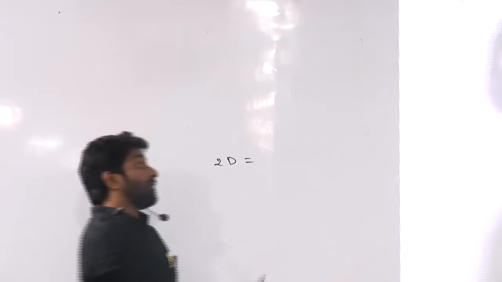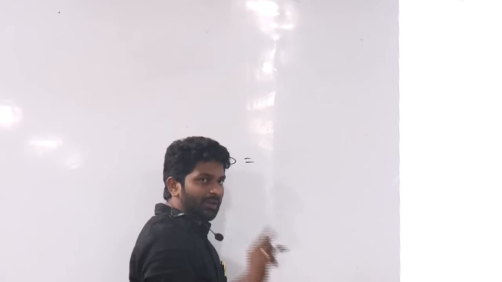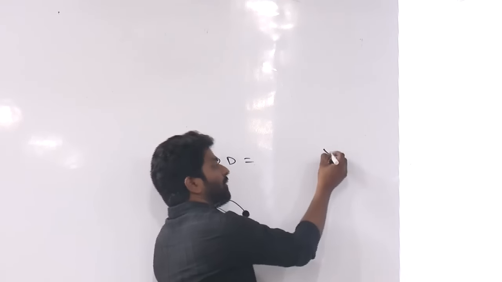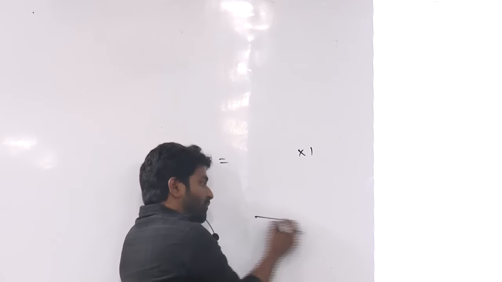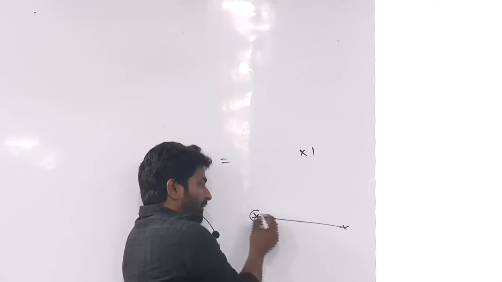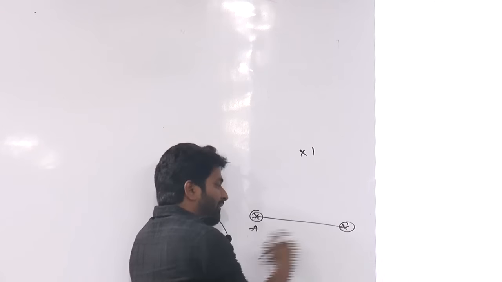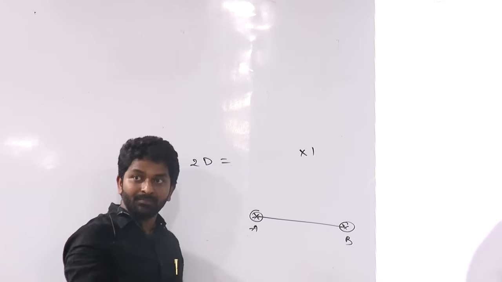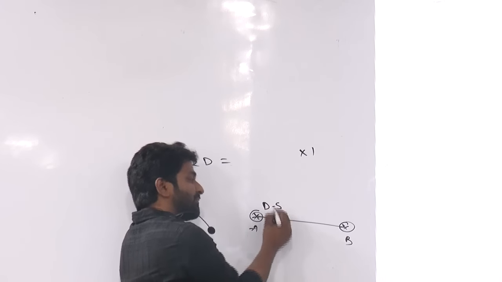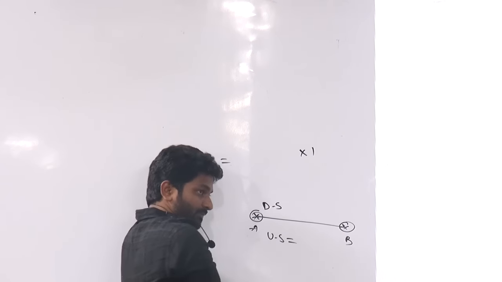Total distance will be equal to total speed into total time. Total time taken is 1 hour, 60 minutes, 1 hour. And you need to consider total speed. So if a boat traveled from A to B and then returned, from where you have speed for stream, one direction must be downstream and the other must be upstream.